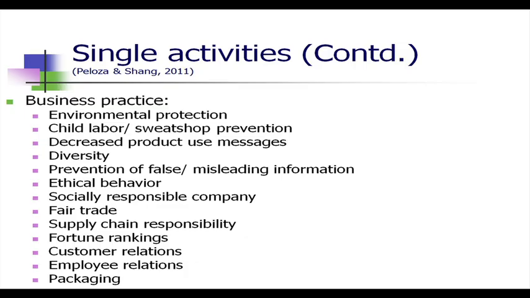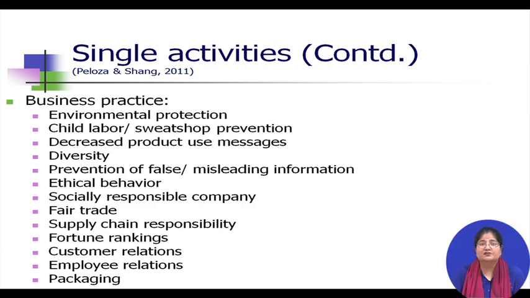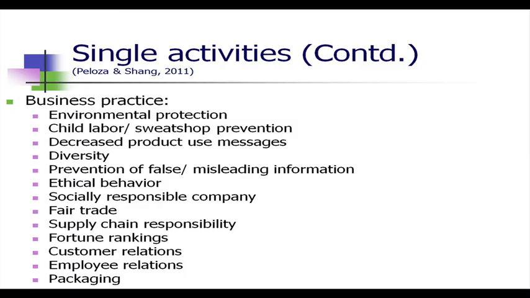So that is one. Then you have ethical behavior of your employees, socially responsible. You could portray your company as a socially responsible company. There could be fair trade, supply chain responsibility, fortune rankings. These are one-time single activities. They're not happening in an institutionalized manner, but you could be taking occasional steps to do these things.